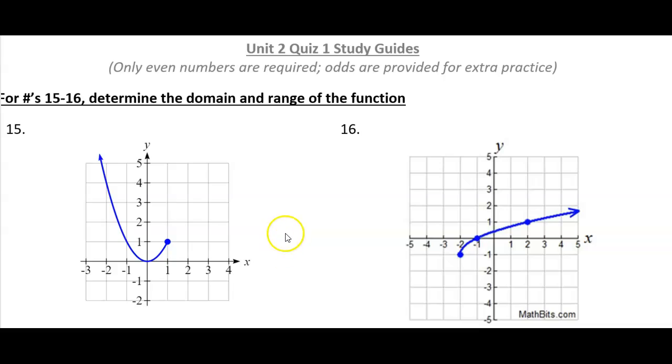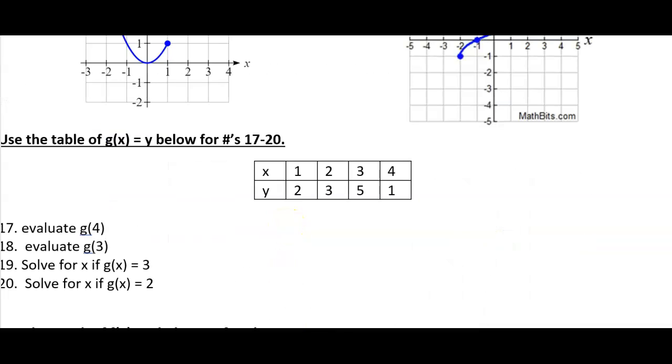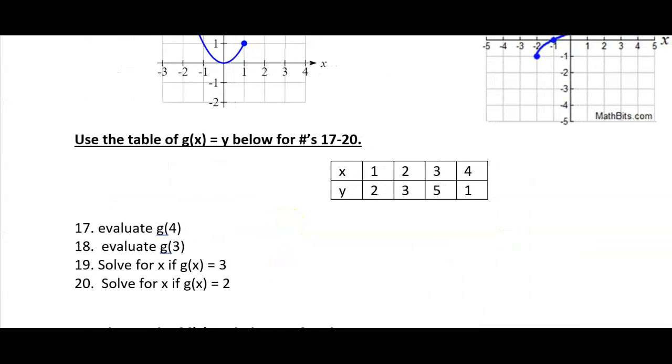Let's go ahead and move on to number 18. Evaluate g of 3. All right, well, the problem up here tells me g of x equals y. That's important because since I see the x's in here, that means x is my input and y is my output.